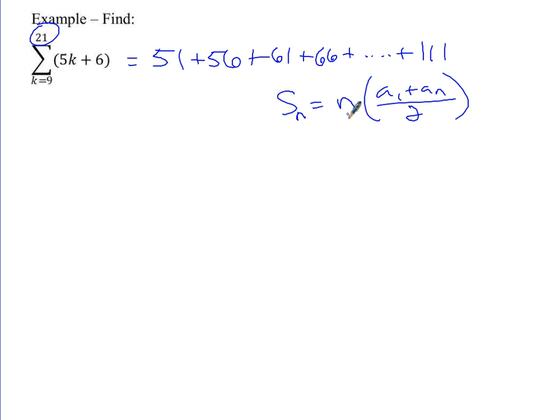But how could I get 13 from these two numbers sitting here? You guys came up with 12. How did you come up with 12? You subtracted them. 21 minus 9, right? But we need 13 terms.